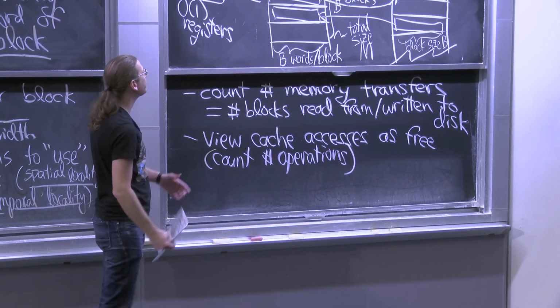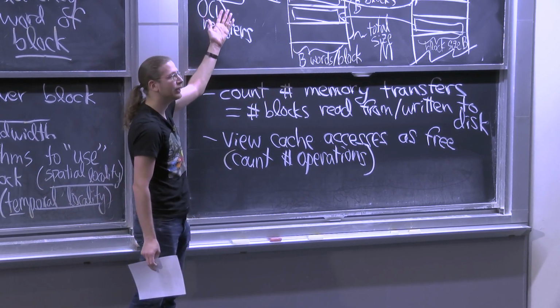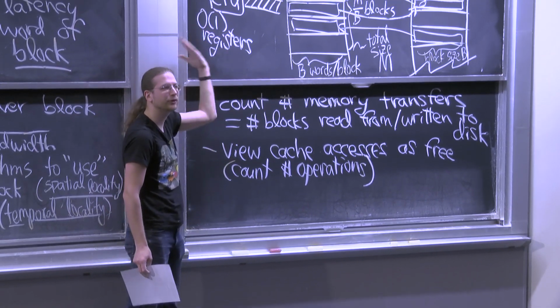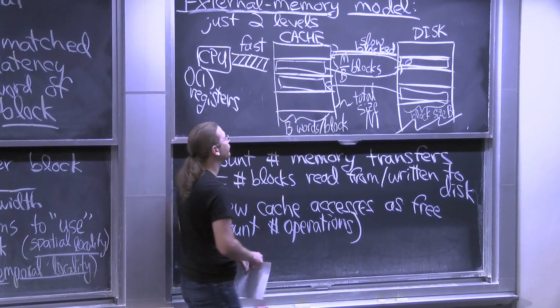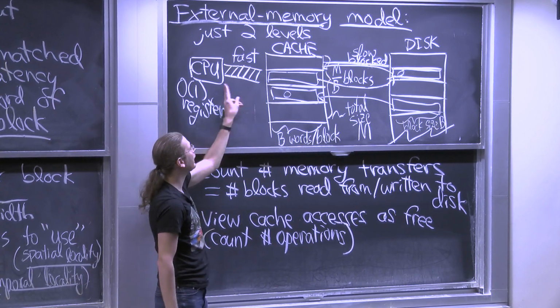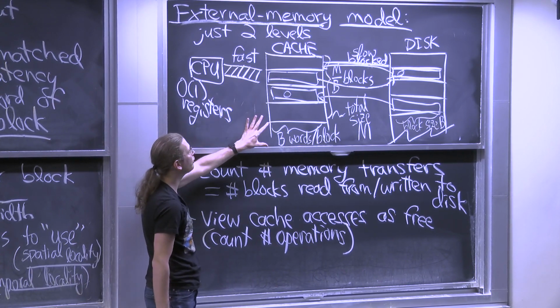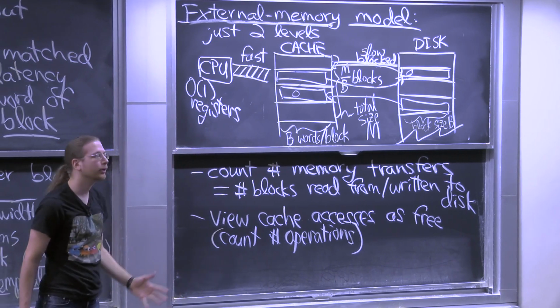Okay, we still can think about how much time, regular time, it takes to do the computation. How many comparisons, how many additions, things like that. And that would include things like reading and writing elements from cache, individual things. But we're going to view this connection. Let's say these are on the same chip. So reading cache is just as fast as reading from registers. So we're not going to worry about that time.